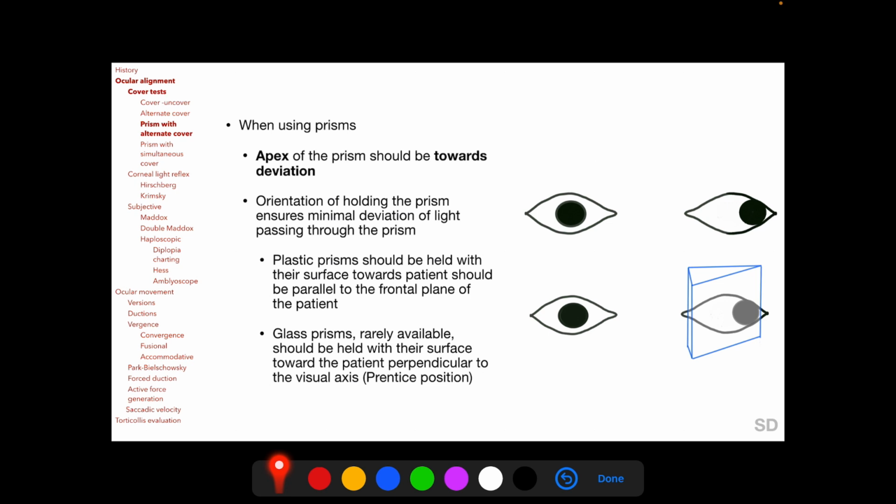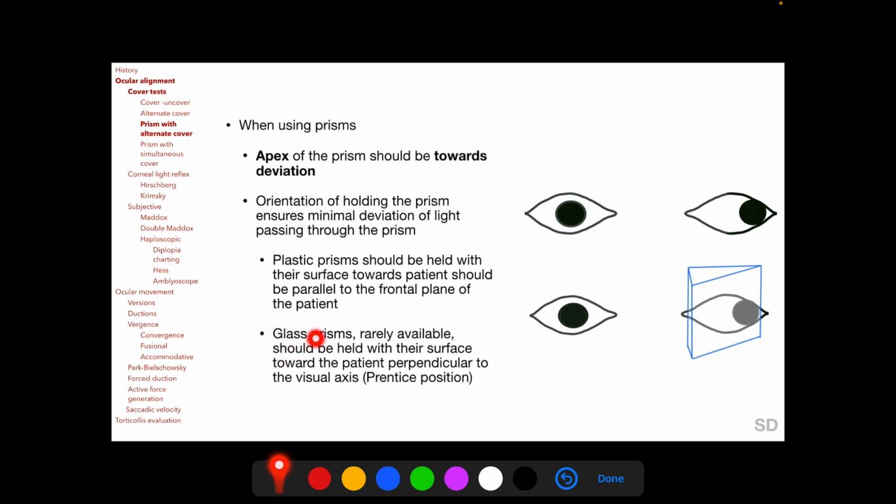Some principles of using prisms are as follows. As we have noted, apex of the prism should be positioned towards deviation, and the orientation of holding the prism is also important to ensure that there is minimal deviation of light passing through the prism. Plastic prisms, which are now routinely available, should be held with their surface towards the patient parallel to the frontal plane of the patient.